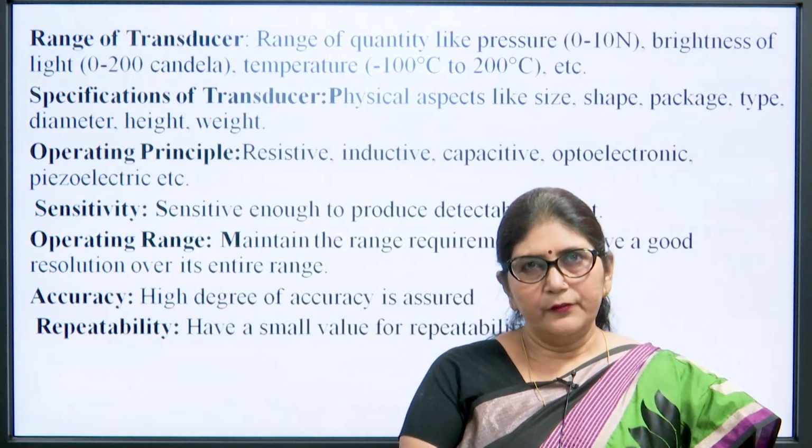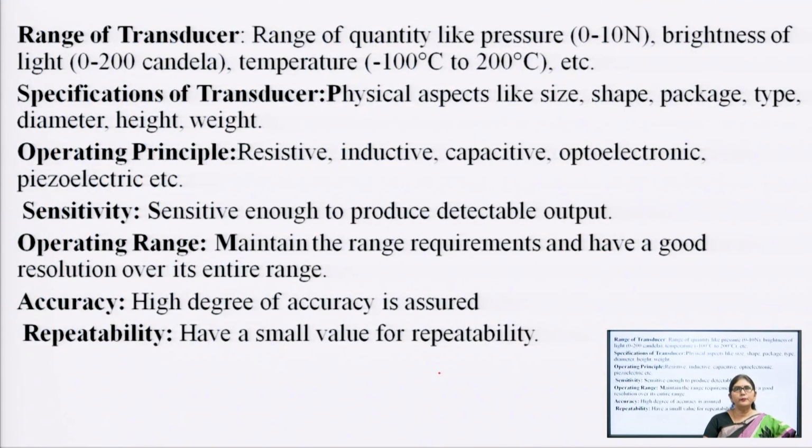Then range of transducer. Range is also an important factor. Like, we want to measure a pressure of 0 to 10 Newton, and suppose the pressure transducer that we are using has a limit of only 0 to 1 Newton.